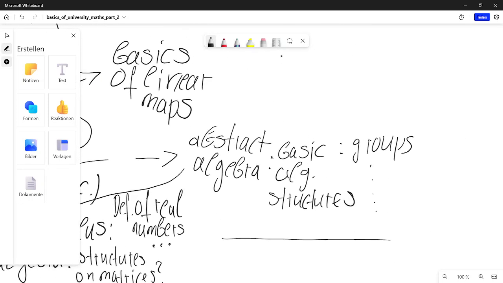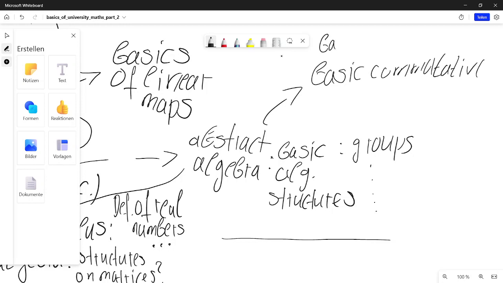Maybe there is not much basic literature. Basic multilinear algebra. Basic commutative algebra.